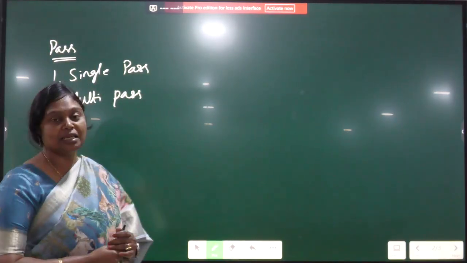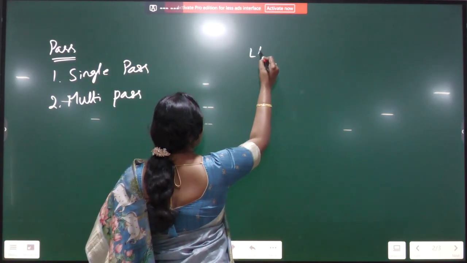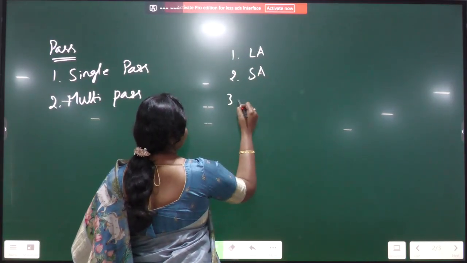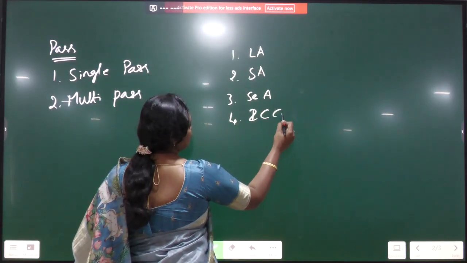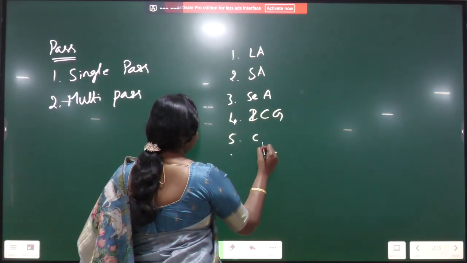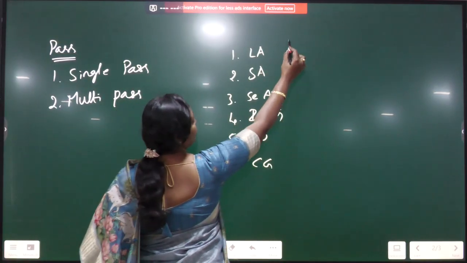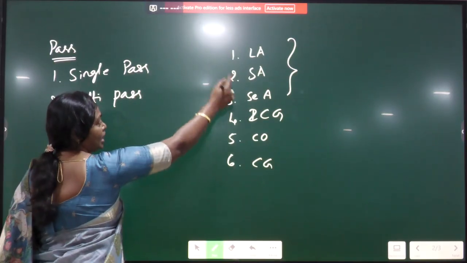For example, in single pass, there are 6 phases, right? First phase is lexical analysis, second phase is syntax analysis, next one is semantic analysis, and then intermediate code generator, then code optimizer, and then code generator. For example, you can take these 3 as one pass.